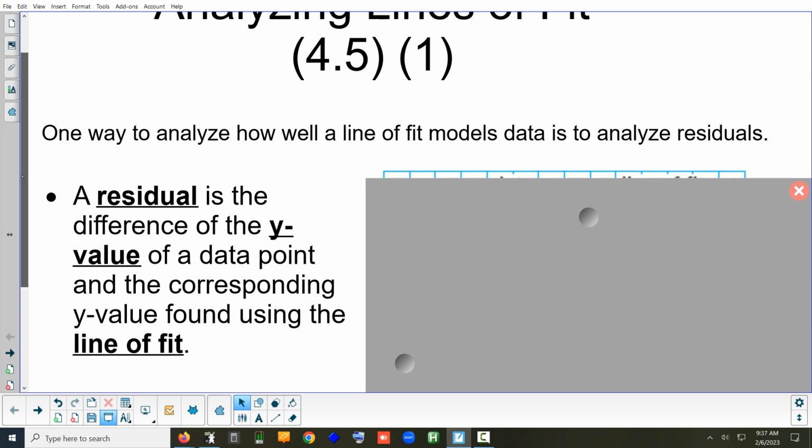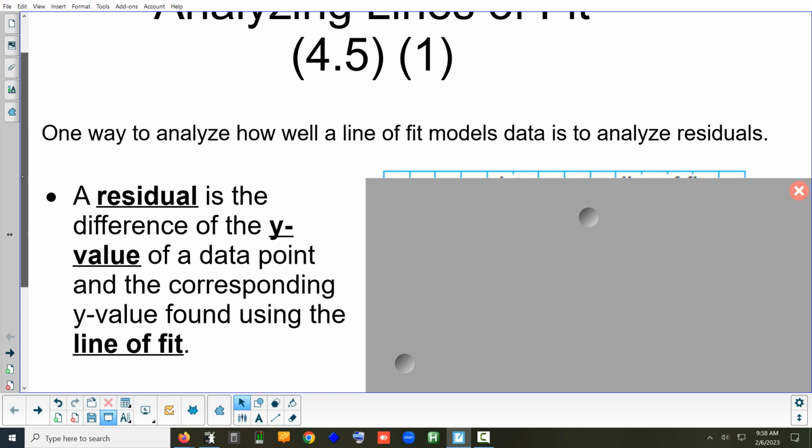So here's the definition first. And you've got your first point on your guided notes. You just have a couple blanks to fill in. So it says, for the first blank, a residual is the difference. So it's a subtraction problem. That's what a residual is. You have to subtract two numbers.